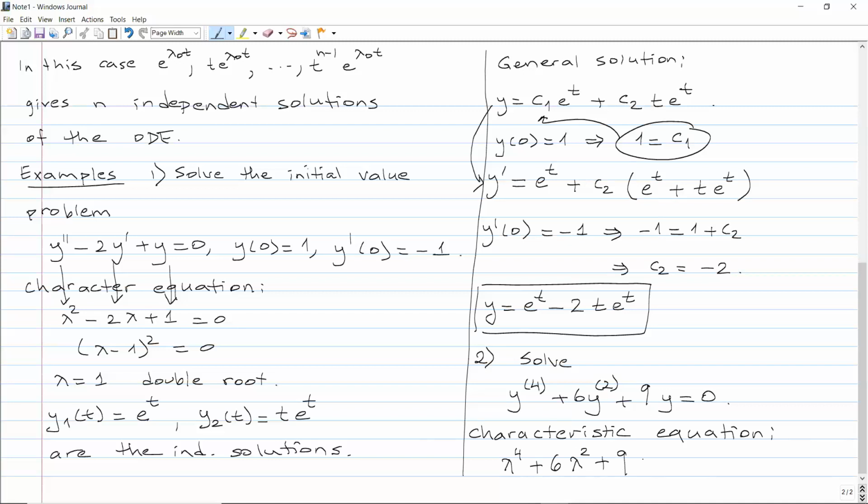When you have just y, you can consider this as the 0th derivative. We are not taking any derivatives, so we don't have a lambda. It's the constant term. So the constant term is 9, equal to 0.